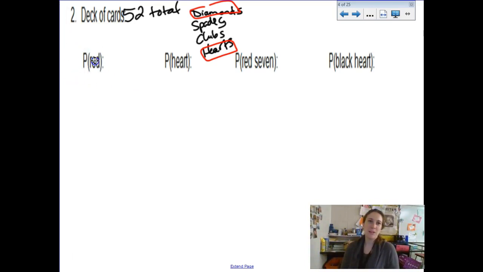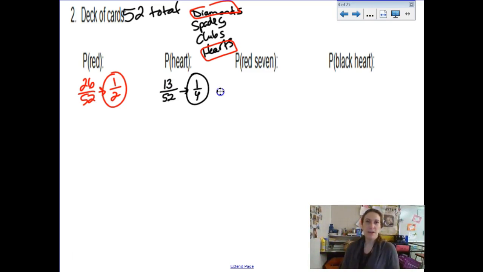If I write this notation, it says, what's the probability of choosing a red card? If I just reach into a deck of cards without looking, 26 of the 52 are red, which we're going to reduce to 1 over 2. Half the deck is red. For a heart, there are 13 of each suit, so 13 out of 52, which reduces to 1/4, which makes sense because heart is one of the 4 suits.